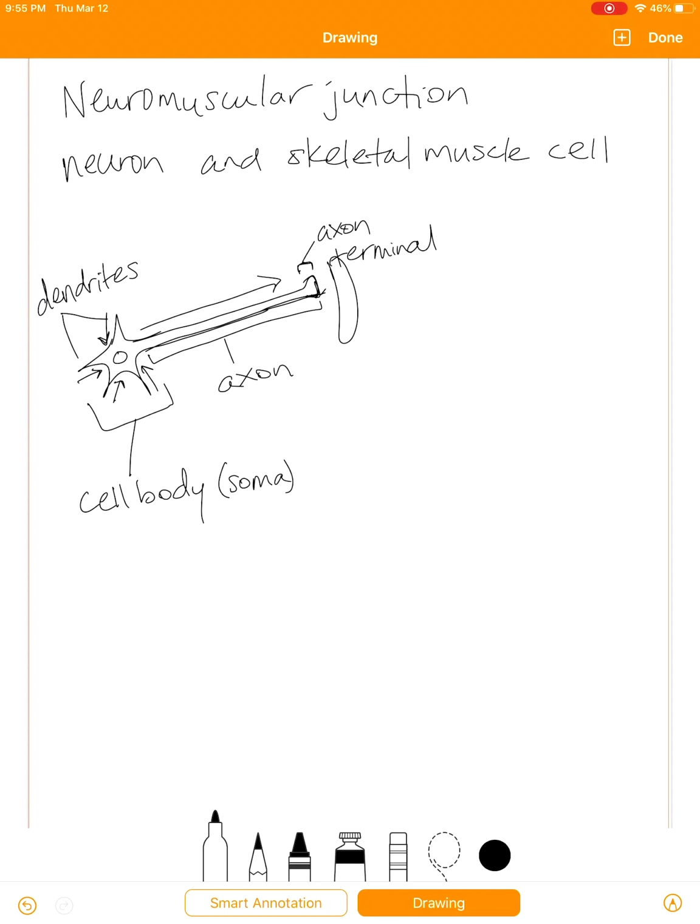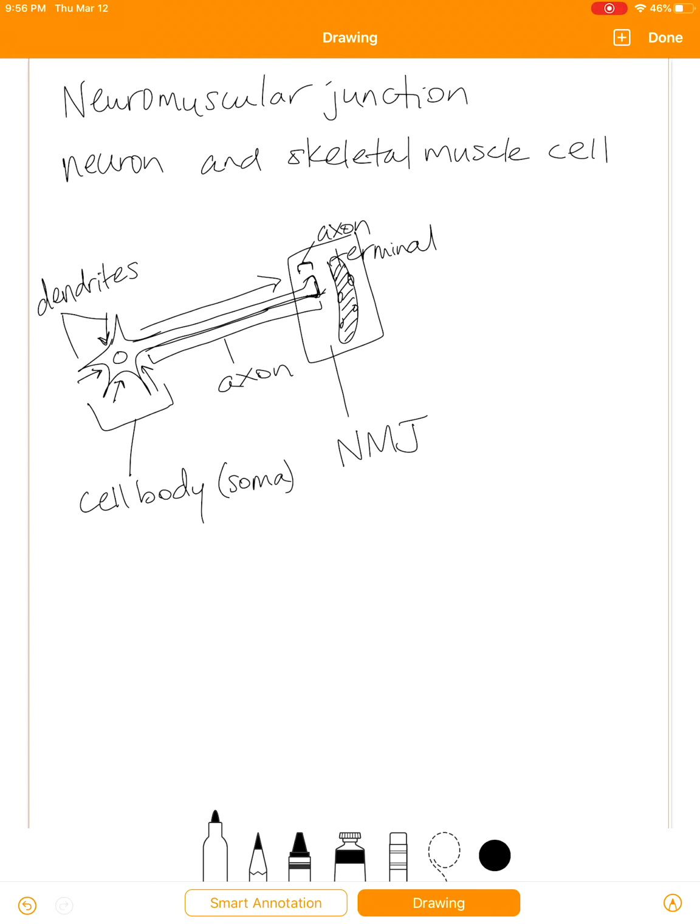So I'm just going to draw a little skeletal muscle cell. Right? Remember, it's multinucleate and it's striated. So here's a little skeletal muscle cell. Now the junction between the axon terminal and the skeletal muscle cell, this whole junction here, is called the neuromuscular junction, or NMJ. Okay, that's the connection between these two.